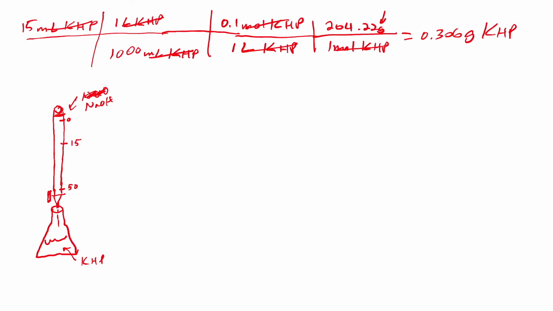The liquid was here, and it came down to 15 mils. Does that make sense so far? It took 15 mils for you to neutralize the KHP. So this right here is the volume, that's called the titrant volume. And your initial volume is this one.